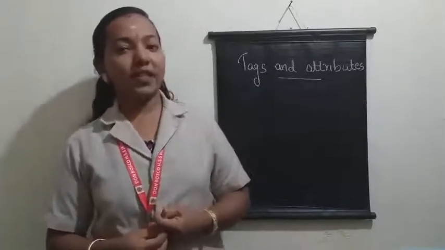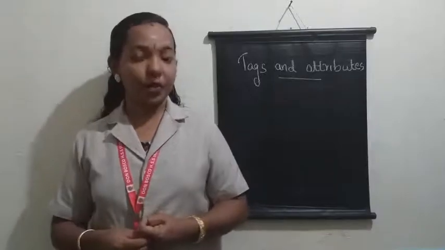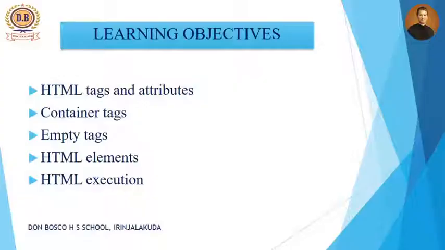We will start the video with our learning objectives. What are we going to discuss in this video? First, tags in an HTML document and the significance of tags. After that we will discuss different types of tags, container tags and empty tags, with examples.